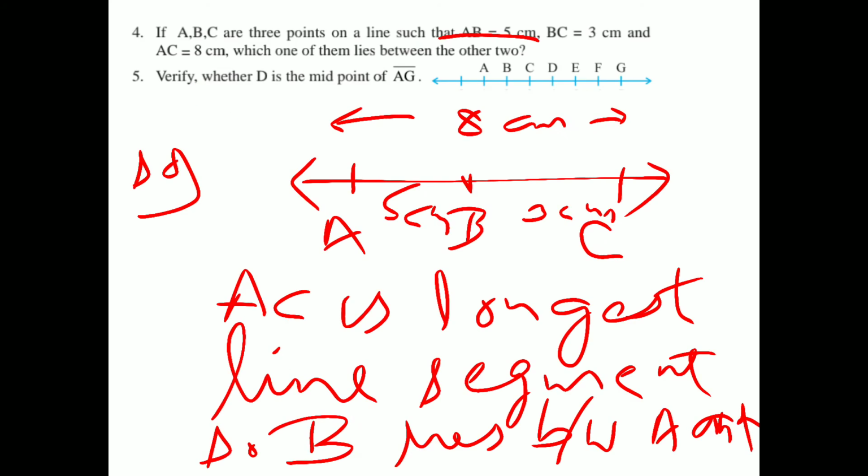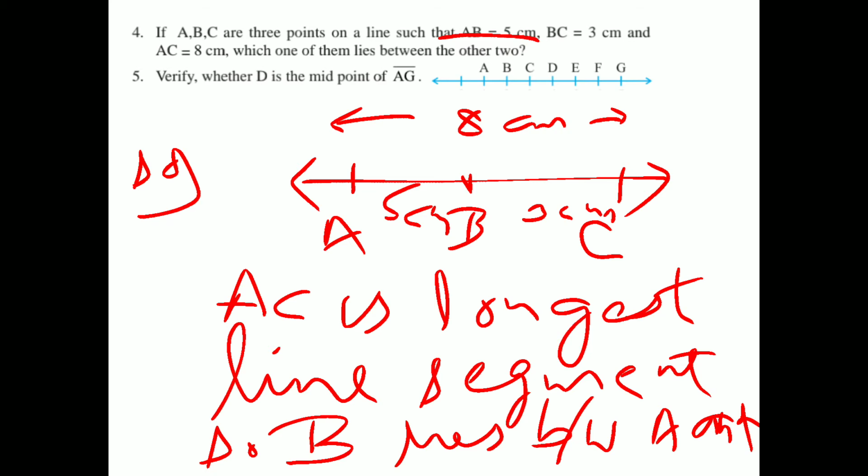So what we did, we have drawn one line. In that we have taken the longest line, that is AC, 8 centimeter. Then in between that we put a point B and measured it. AB should be 5, then B to C it is 3. Then we have to tell which one of them lies between the other two, that is B, which lies between A and C. So we write B lies between A and C.